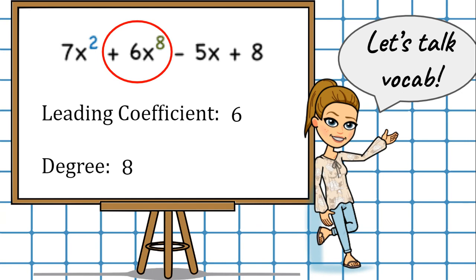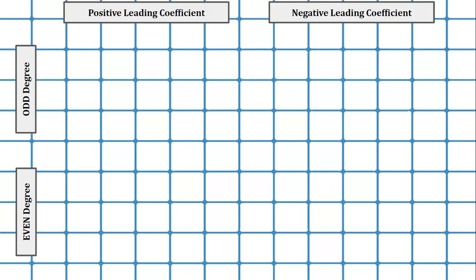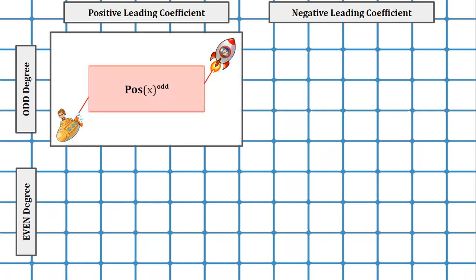So within your Desmos activity, you should have discovered different things about the leading coefficient and degree. So here I'm going to make a little table. We have positive leading coefficient versus negative leading coefficient, and even degree versus odd degree. The first one we're going to talk about is a positive leading coefficient with an odd degree.